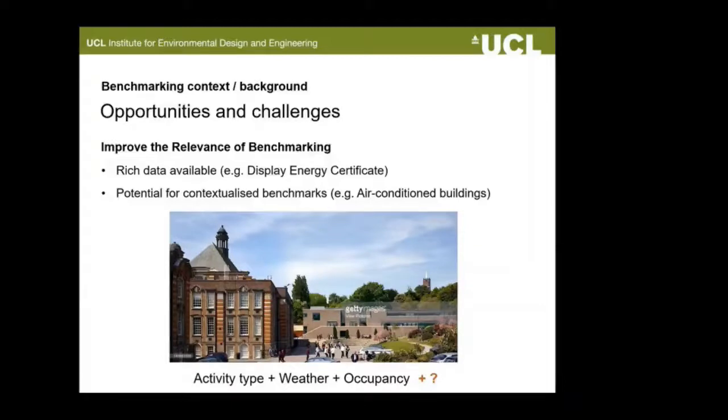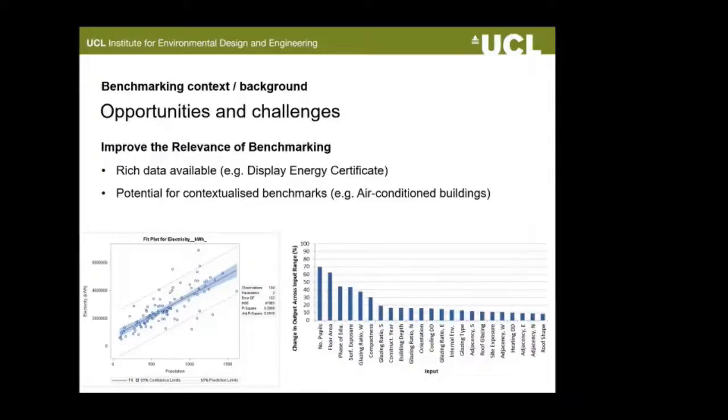So what we are currently looking at is trying to understand different activity types and building types in their own merit and context, and whether there are any other parameters that can be introduced to contextualize the benchmarks further than how they used to be used. This has been done through simple correlation studies, for example, and by using machine learning techniques and regression models.